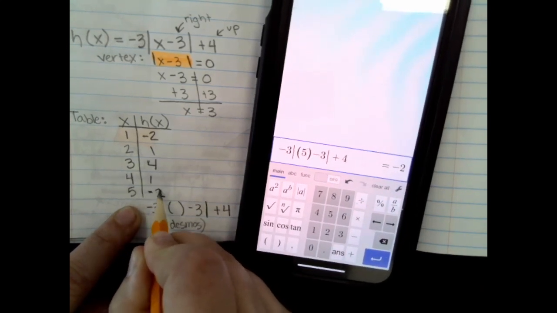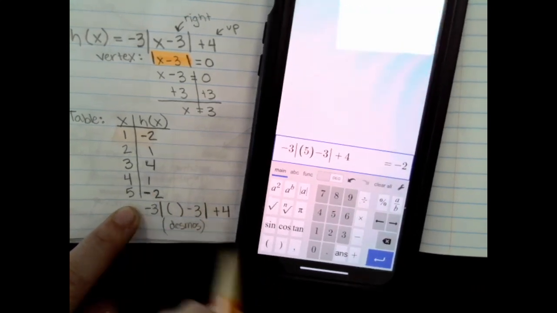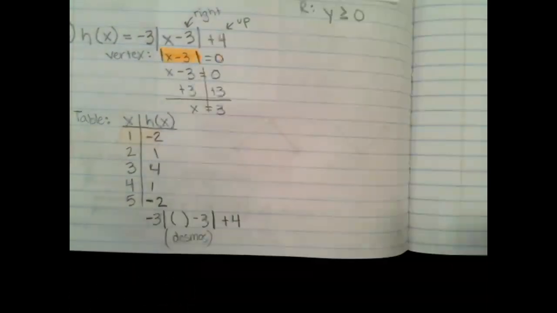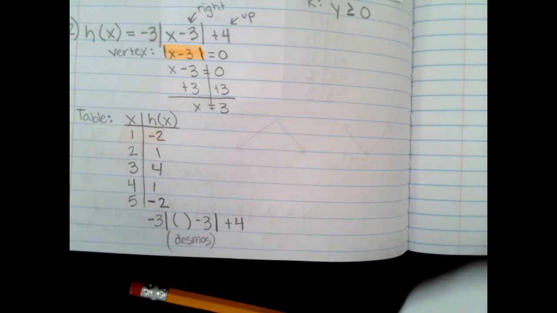Alright, glue in that last graph if you haven't done so already. I noticed a couple of you worked ahead and glued that in that space. Last graph. Did you lose it? Okay.